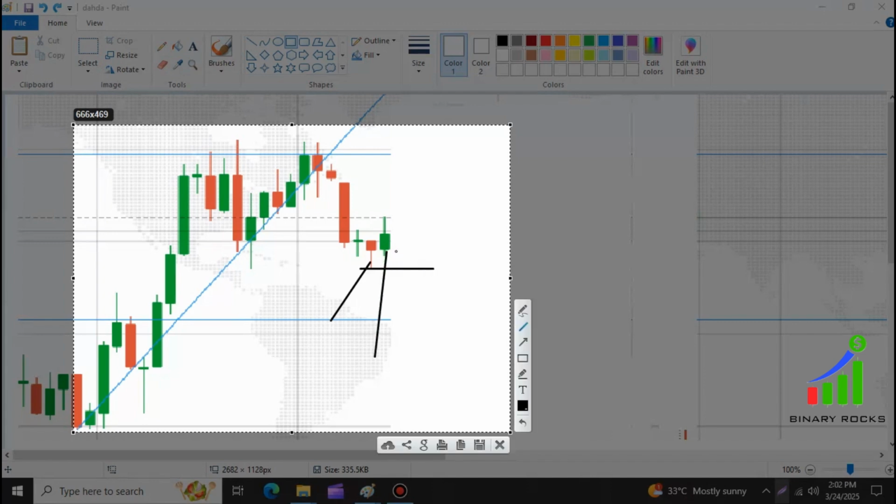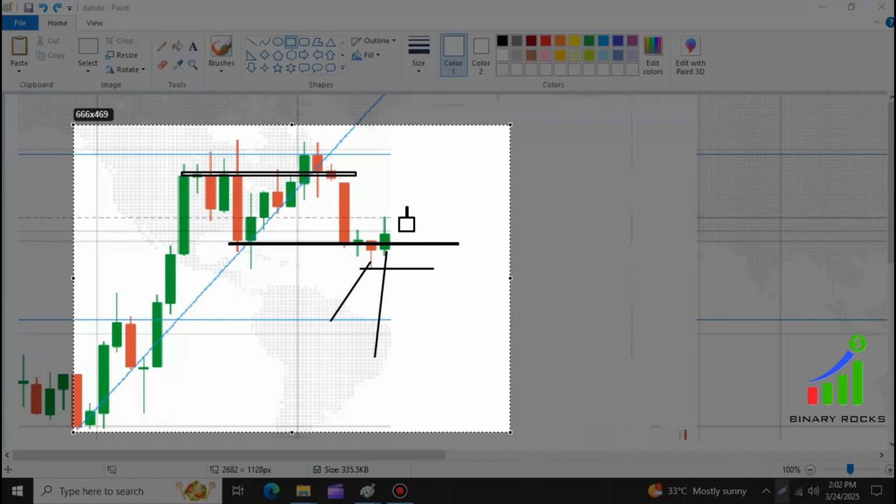If you really want to go with buyers, you need one more candle as a confirmation. Why? Because here you have a level and the market is at the level. If you get one more confirmation, maybe you could go up to here in this kind of area. Maybe you can go with here.